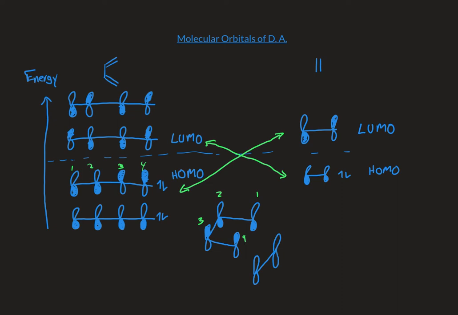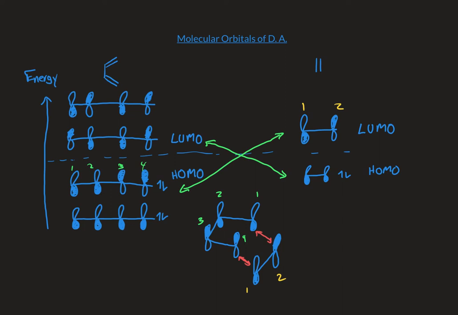If we number these, carbons 1 and 2, carbon 1 has shading on the bottom, carbon 2 has shading on the top. And so notice that these shaded phases are lining up and the unshaded phases are lining up. So those phases match and they're going to overlap.